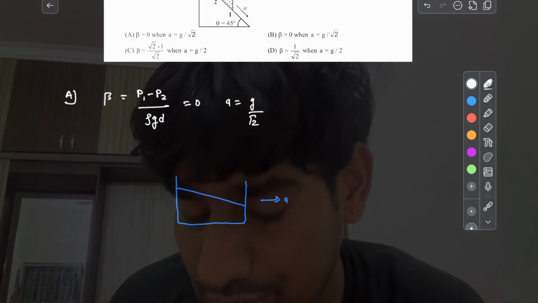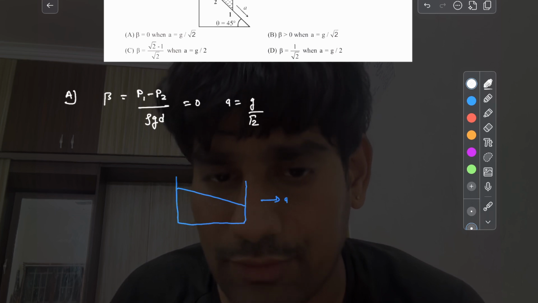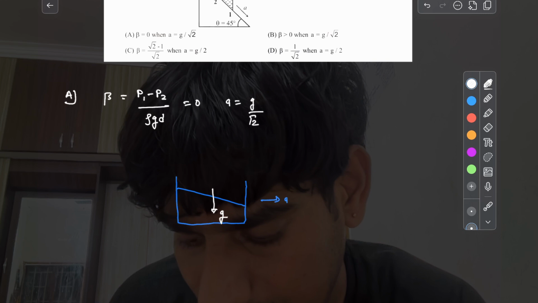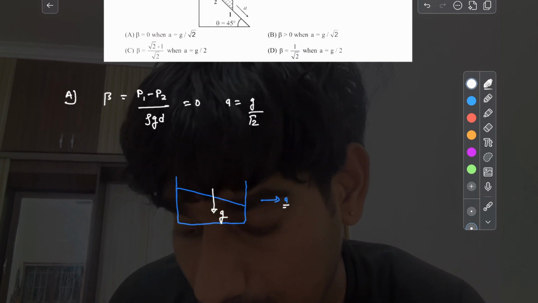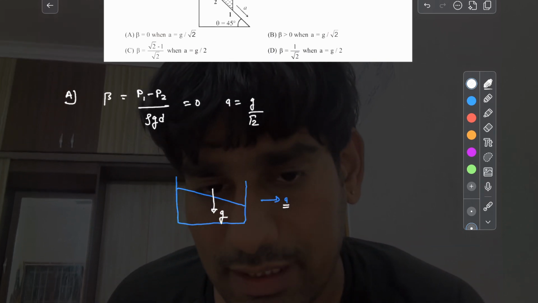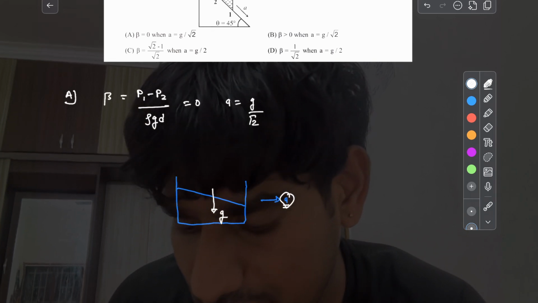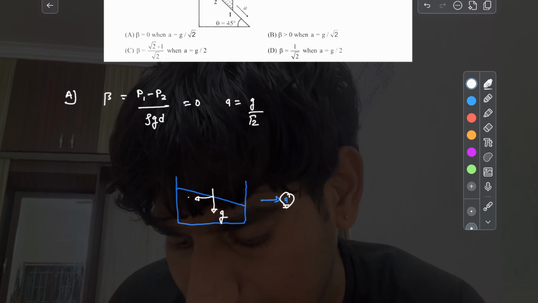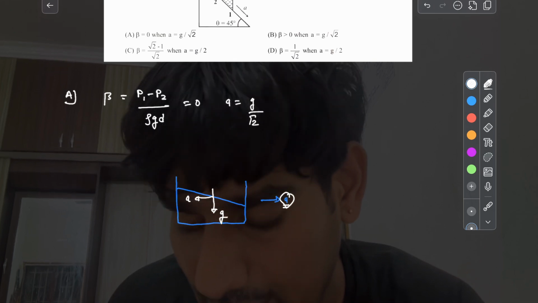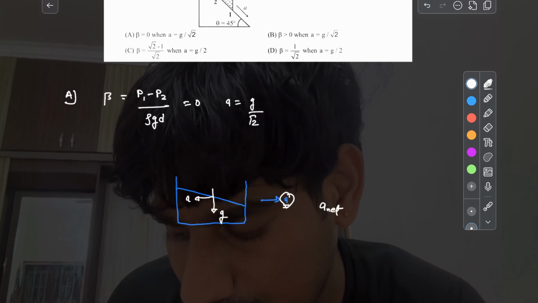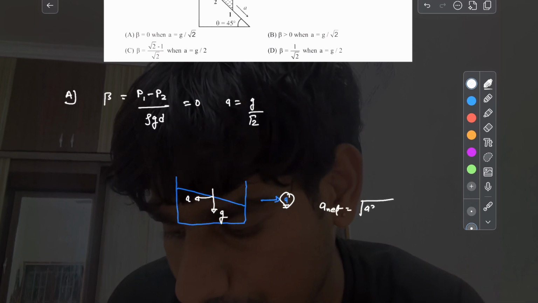This surface will be perpendicular to the effective net acceleration, given by the vector addition of the acceleration due to gravity and the pseudo acceleration, which creates the pressure variation in the opposite direction. So you can take a in the opposite direction and do the vector addition, and you can say a net is square root of a squared plus g squared.